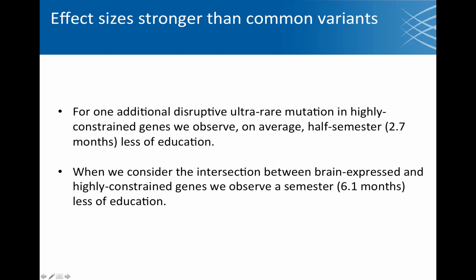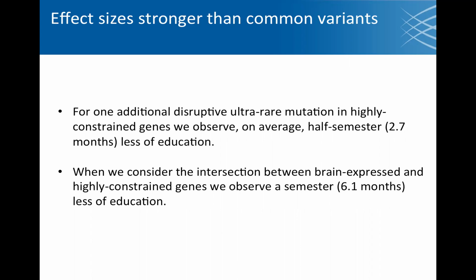We could actually boost our signal when we intersect brain-expressed genes with highly constrained genes. If you remember, we are looking at the impact of these disruptive ultra-rare variants in this specific gene set, which is highly constrained, genes that are intolerant to this type of mutation.